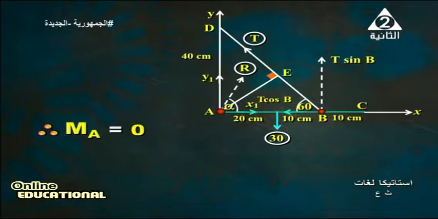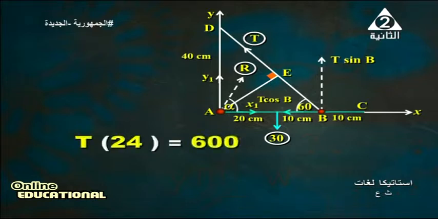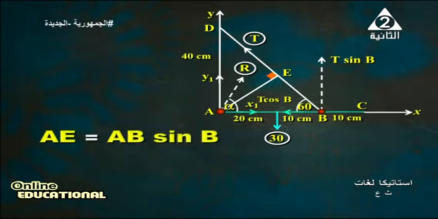We need a third equation: moment at A equals 0. Therefore, T times AE, the distance between the point A and the force T, minus 30 times 20 equals 0. Therefore, the tension T equals what?